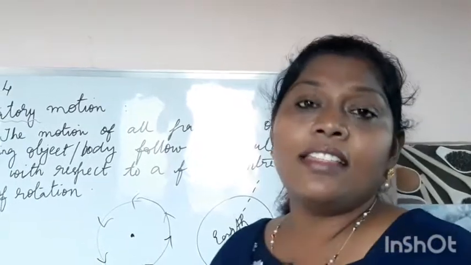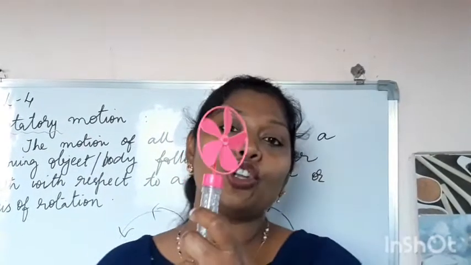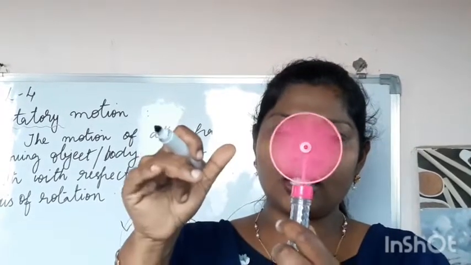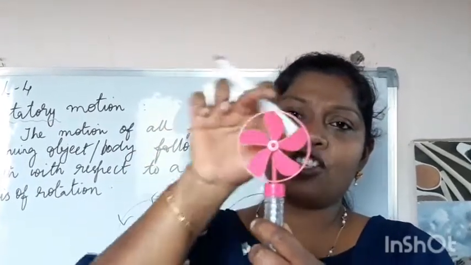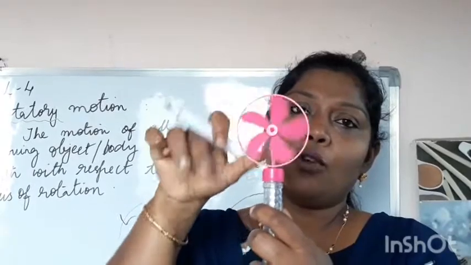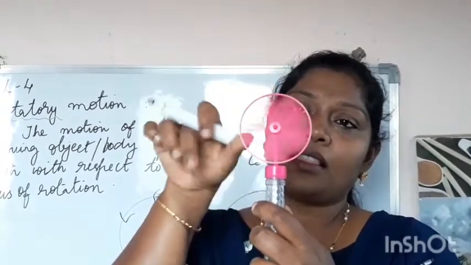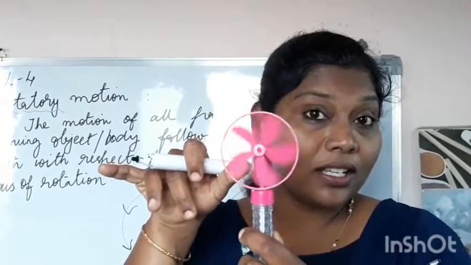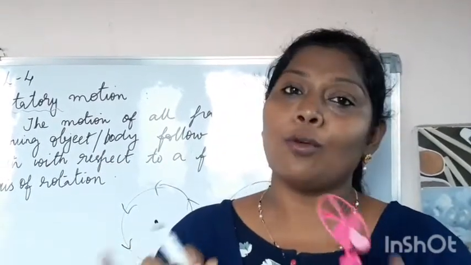So children, in the example that I have shown you, there is a fixed point on which all the particles present in this body are moving in a circular path. I hope that you have understood what is rotatory motion.